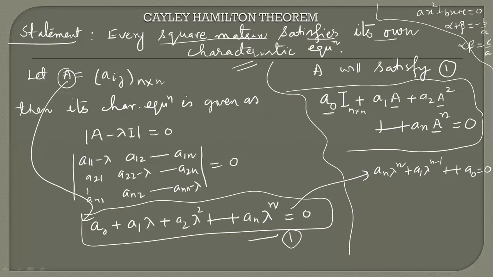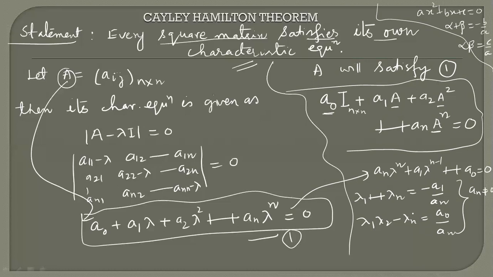And in class 11, you have studied theory of equations. This quadratic equation can be generalized to an nth degree equation. If the roots are lambda 1, lambda 2, up to lambda n, which we call eigenvalues, the sum of the roots will be minus a1 upon an, and the product of the roots will be a0 upon an. Obviously an is not going to be 0 here, because we will always get an nth degree equation, so for nth degree, an will not vanish.